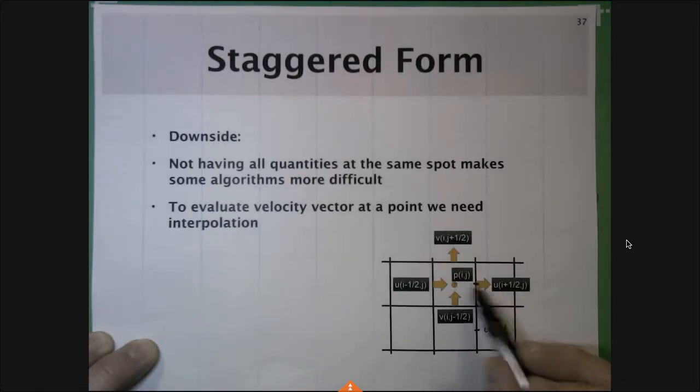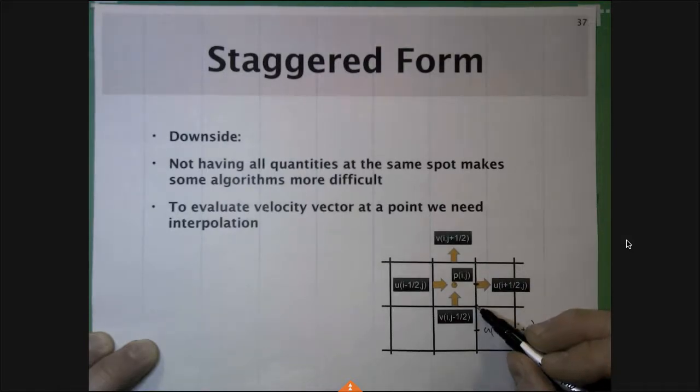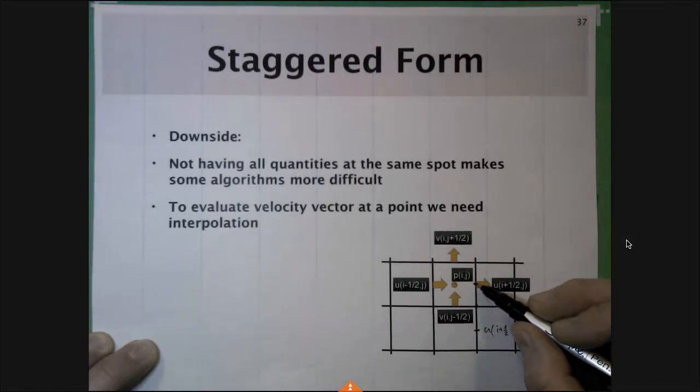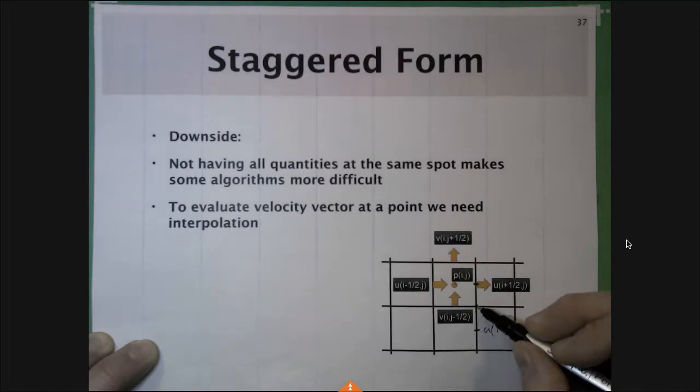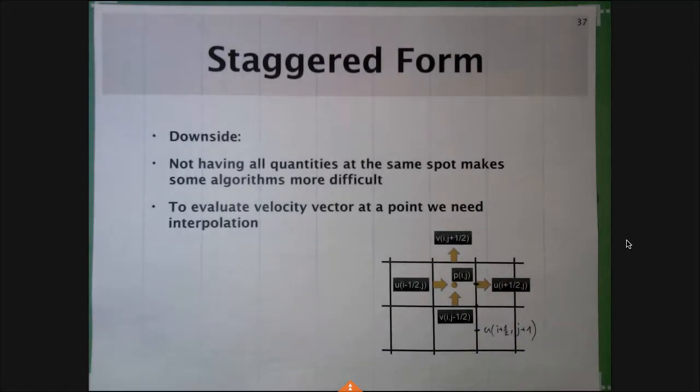Okay, so I moved half of my cell. So this would be u i plus 1, j plus 1, right? So if I want the value here, I just have to average this value and this value. I have to interpolate. So that's a slight downside to it. But I think that the advantages outweigh this slight disadvantage.